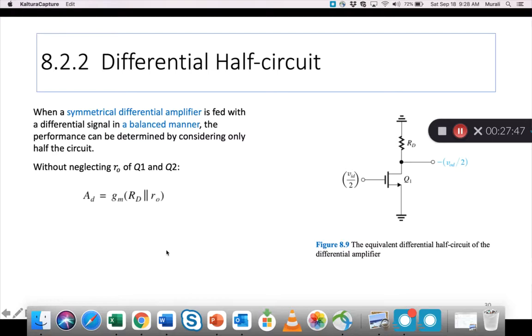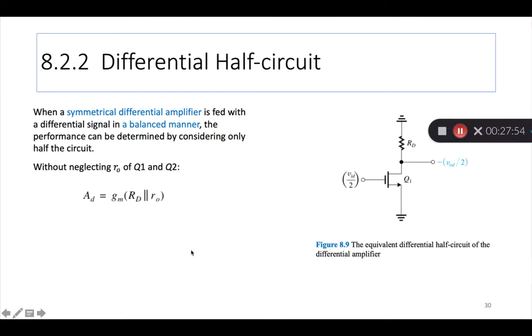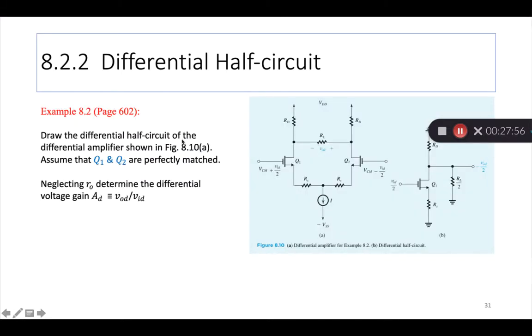We'll do some examples to understand this half circuit business a little better. In example 8.2 in the textbook, he takes one full differential circuit and cuts it up into two halves and shows us how to work on only one half. But we'll wait to do this in the next recording.